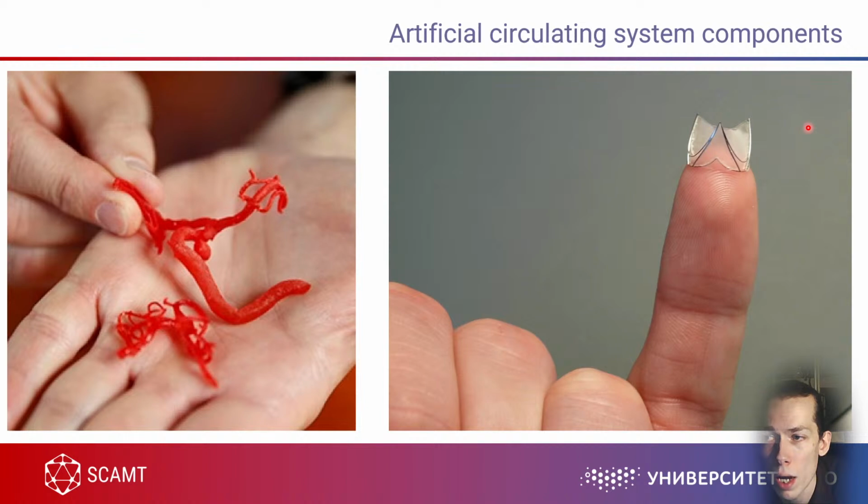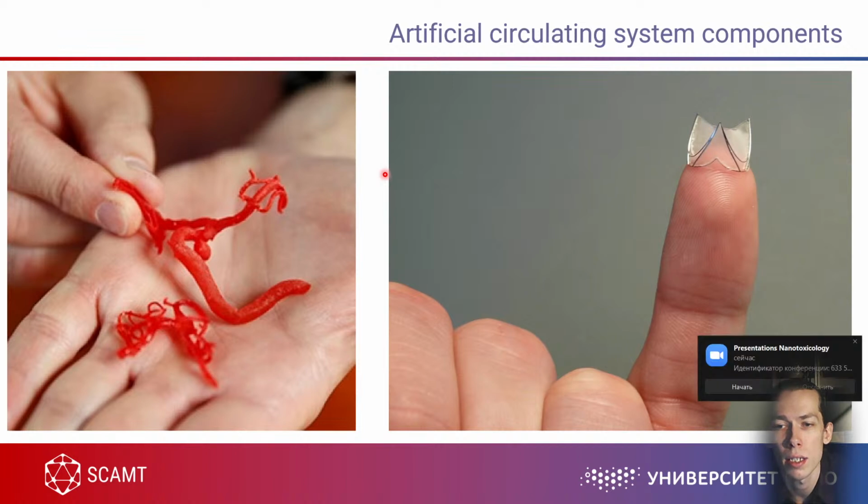And why do you need such a system to test something? Because, for example, if you aim to produce nanoparticles which can affect or interact with the walls of your veins, probably you need to produce something which at least looks like a vein. Because it's important to consider shear stress and velocity.